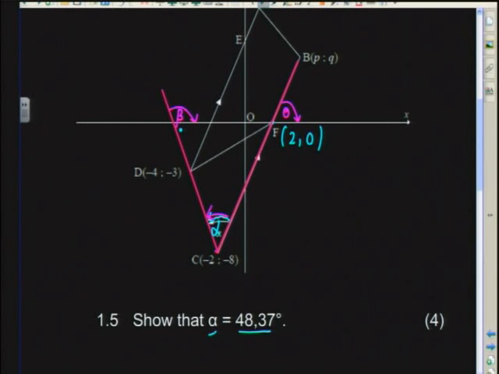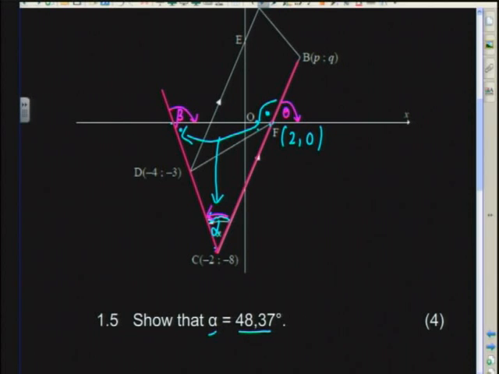And then I could use this little angle here, 180 minus theta, and say that's the exterior angle of triangle DCF. The exterior angle is equal to the sum of the interior opposites, so it's equal to that one plus that one. Once we've got this little 180 minus theta, we can just use exterior angles to get to alpha.